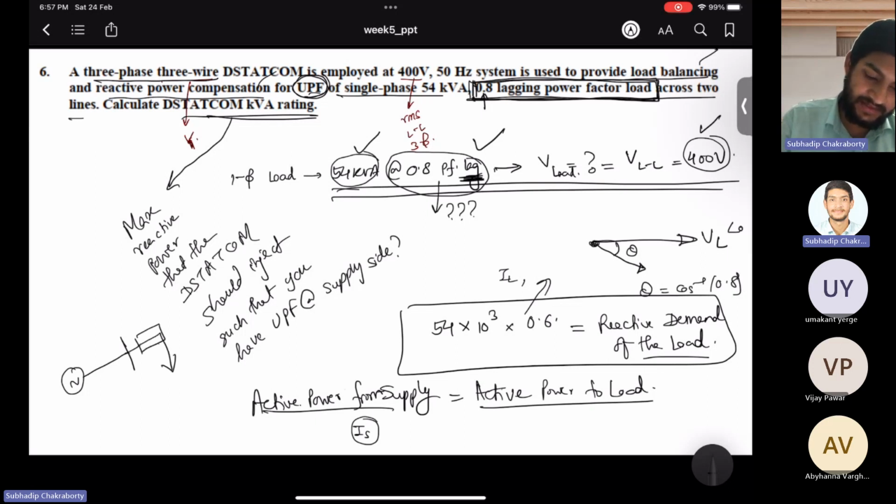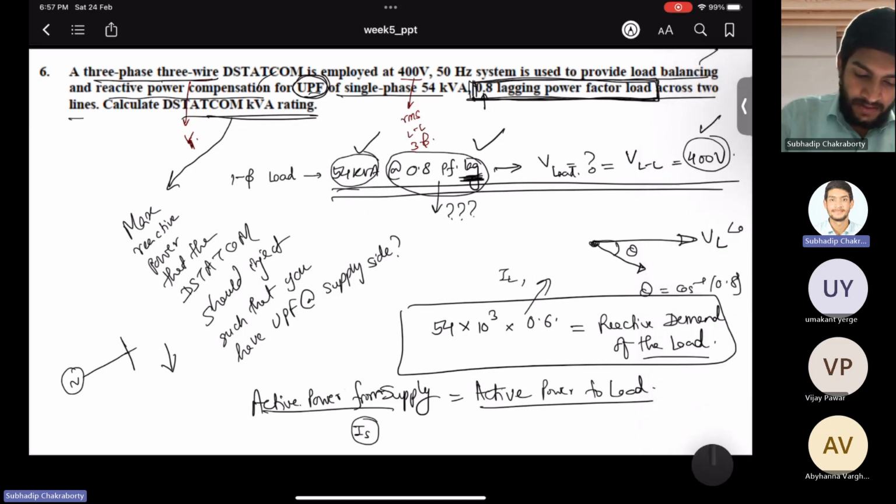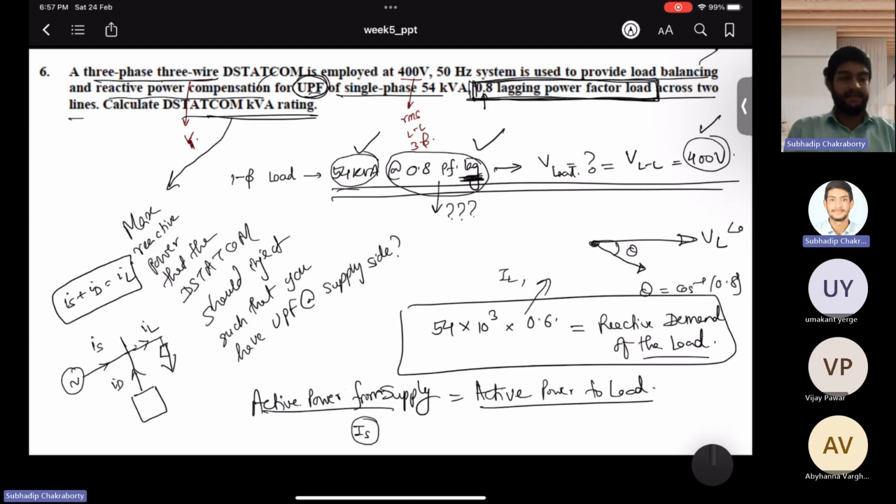The single line diagram is only valid for balanced systems. For example, you have source current, load current, and some ID. So IS plus ID equal to IL. This will always be valid per phase, right?